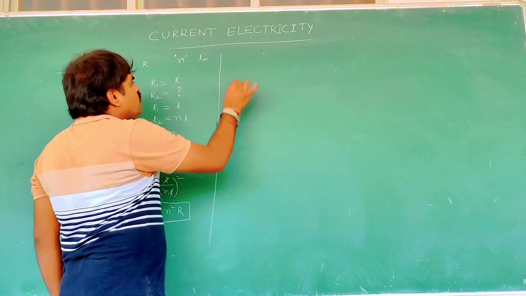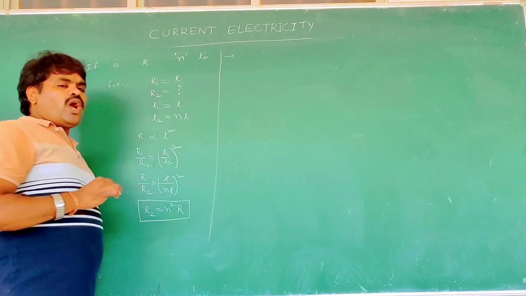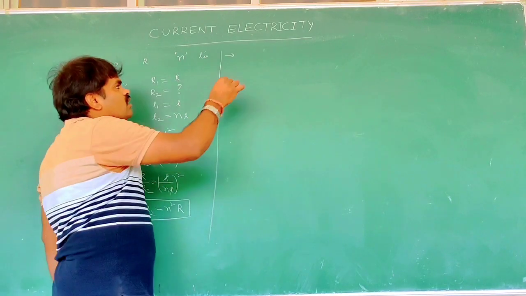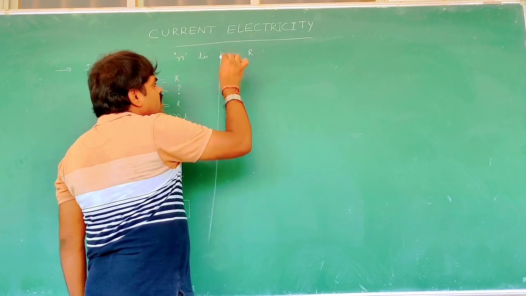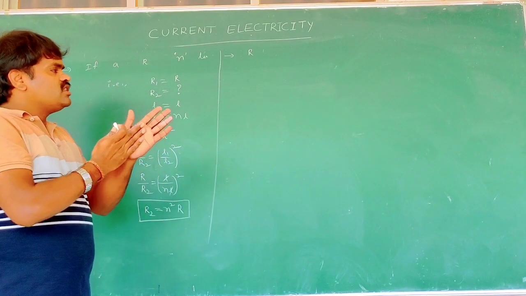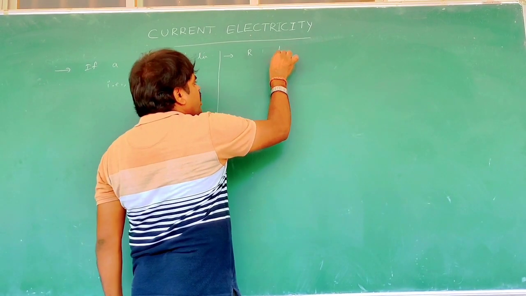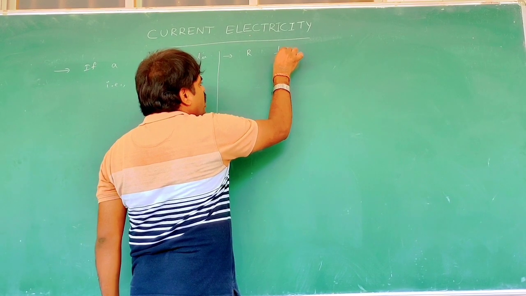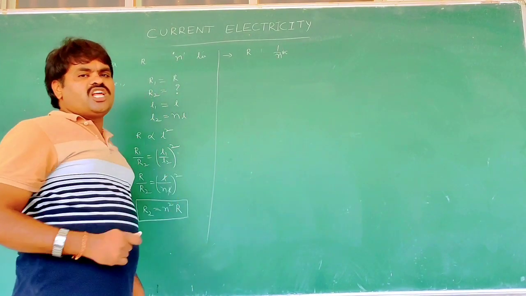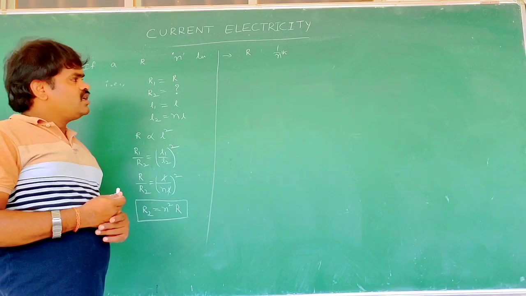In the second case, if a wire of resistance R is stretched until its radius becomes 1 by nth of its original radius of cross section.